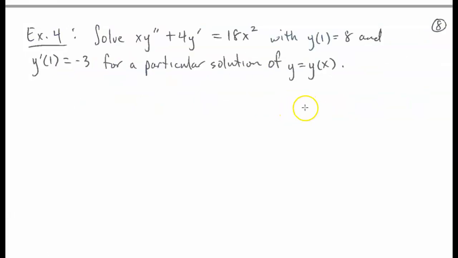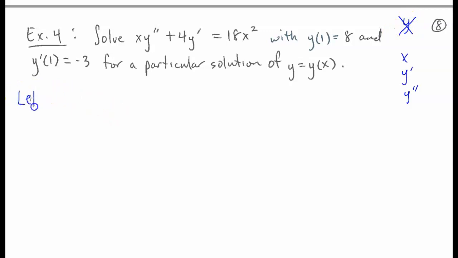Okay, so this will be our final example for the type of second order ODEs that we've been talking about so far. And those are type two, where we only see terms that either have x and or y prime and or y double prime. What we don't see is any terms with y explicitly stated.